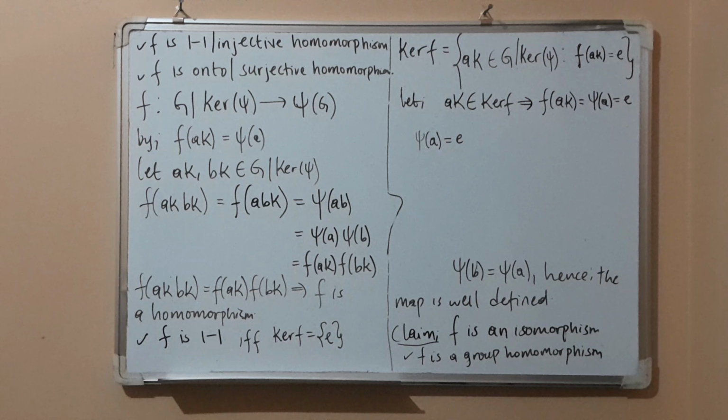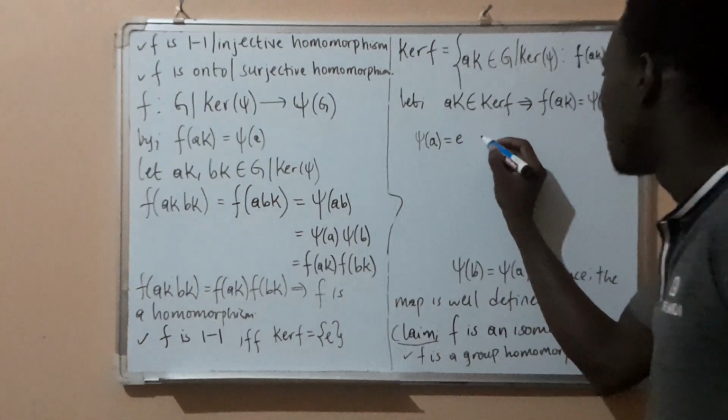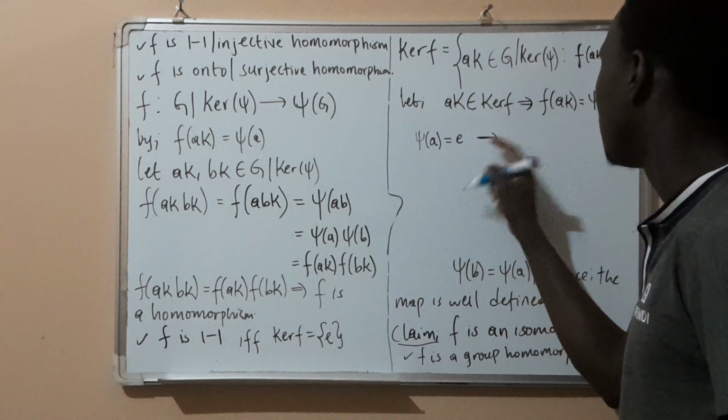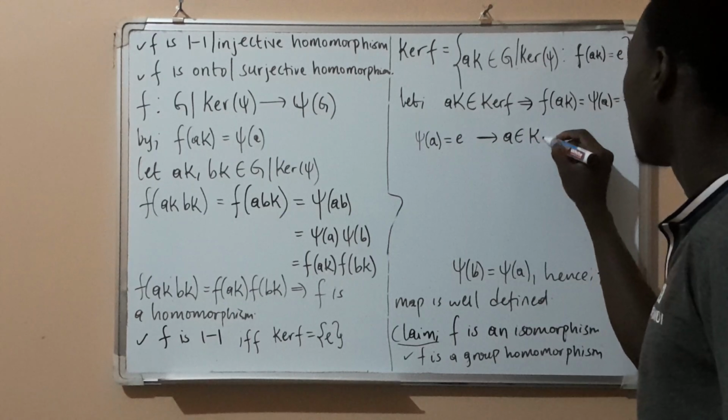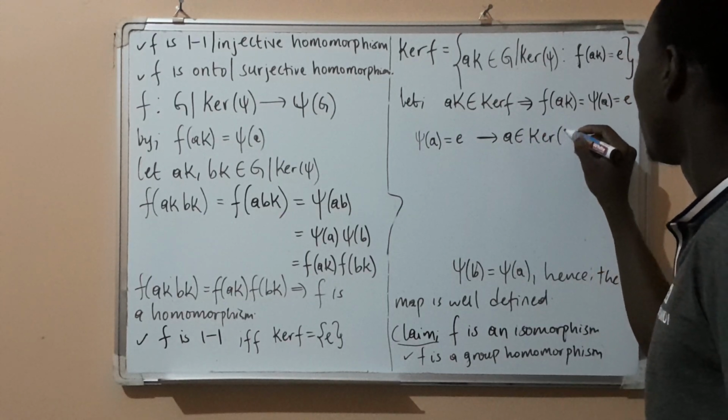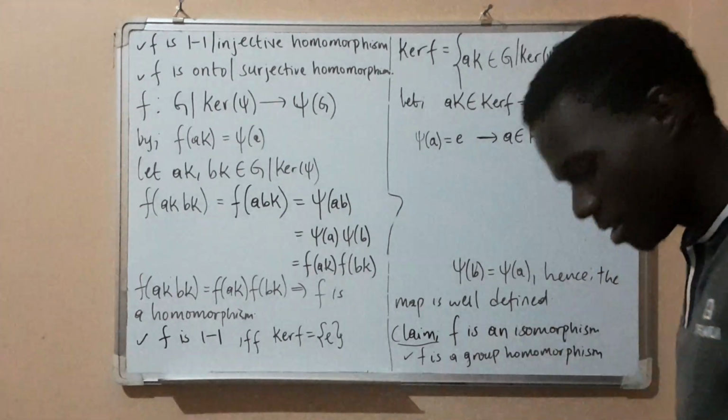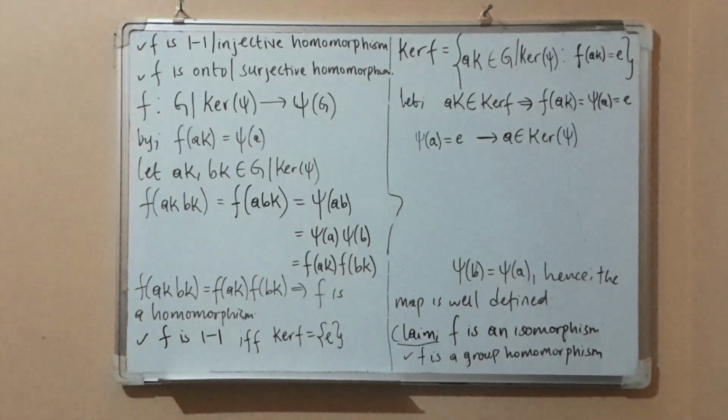This A from the group is mapped to the identity element, and this implies that A is within the kernel of phi.